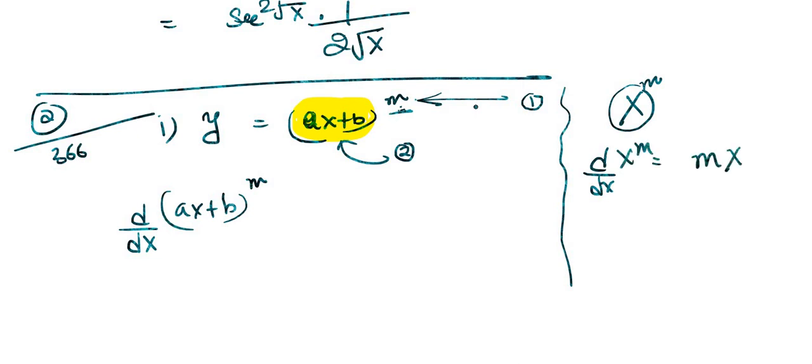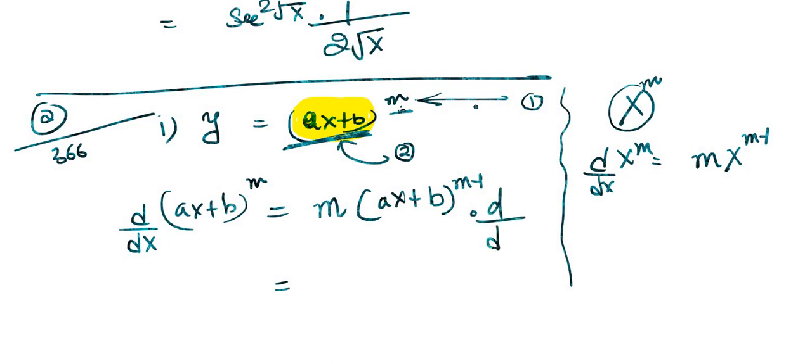It is m x raised to power m minus 1, correct? Yes. So I am treating it as this. So it will be m times (ax plus b) power m minus 1. Yes or no? Okay. But now I was thinking that this is x. I have to correct that problem.